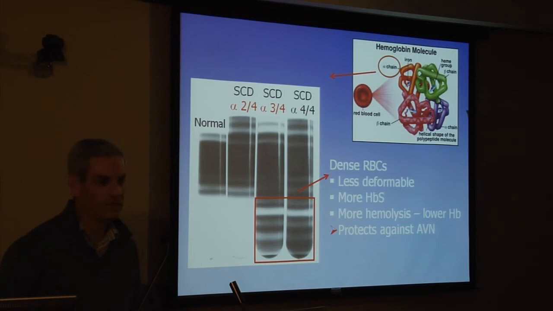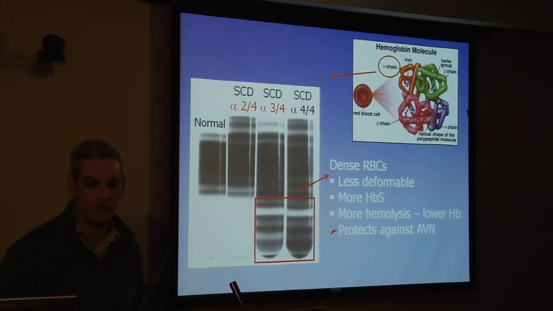Now, if you just go back to the genetics, because this is quite important in avascular necrosis, we talked about the sickle gene making your sickle beta chains of your hemoglobin in your red cells. But if you go back and have a look at the other chains that you make, the alpha chains, they're also important. There are some individuals who don't make the normal amount of alpha chains, they have something called alpha thalassemia.